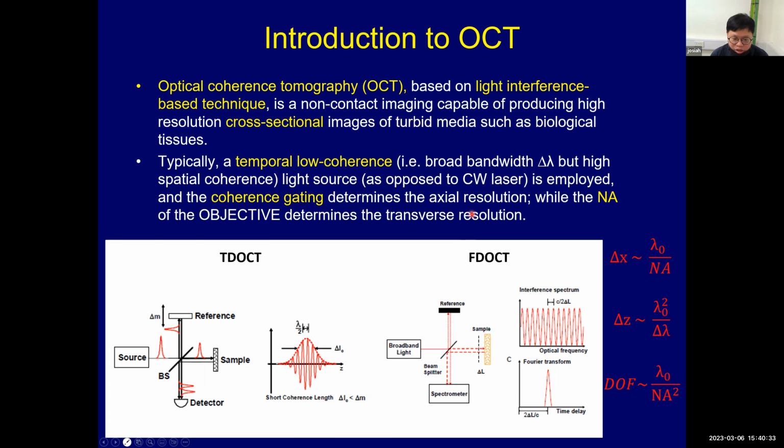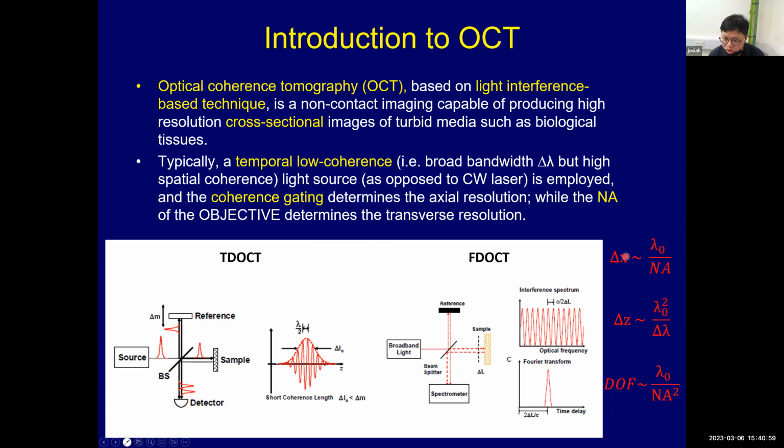Whereas the NA still determines the transverse resolution. This is the most unique feature of OCT compared to other optical techniques, because the axial resolution and the transverse resolution are decoupled, not directly related to each other.